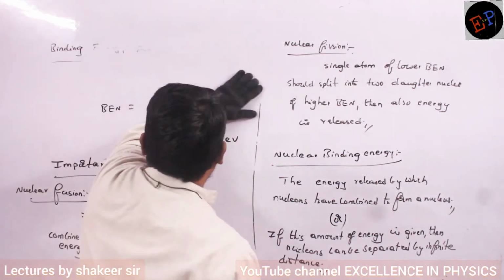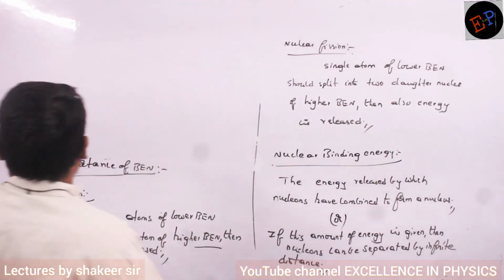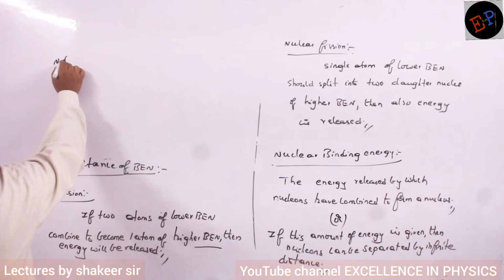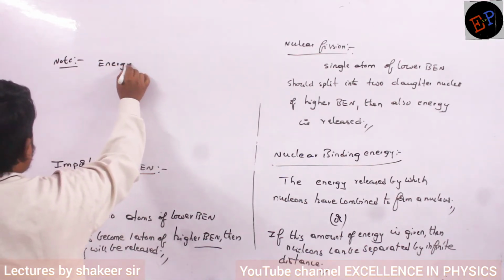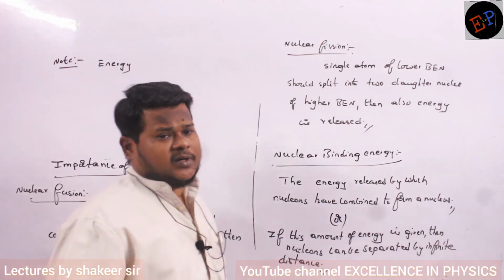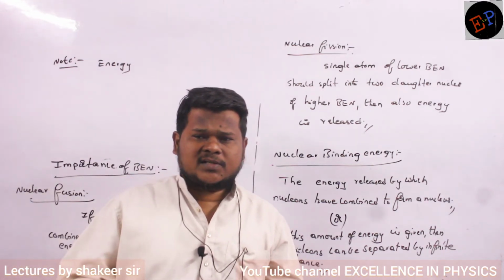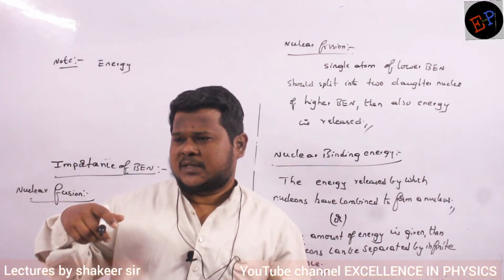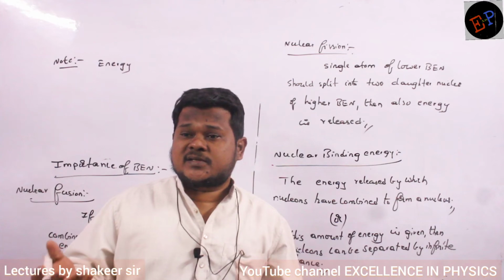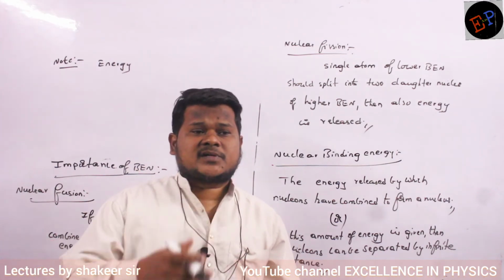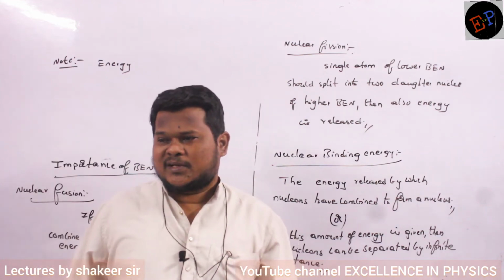So let us make a note of that point also. The note point is that energy is always released. See, nuclear fission and nuclear fusion reactions are very powerful reactions. These are the reactions happening in the sun. The sun is releasing a huge amount of energy because it always converts lower BEN atoms into higher BEN atoms.